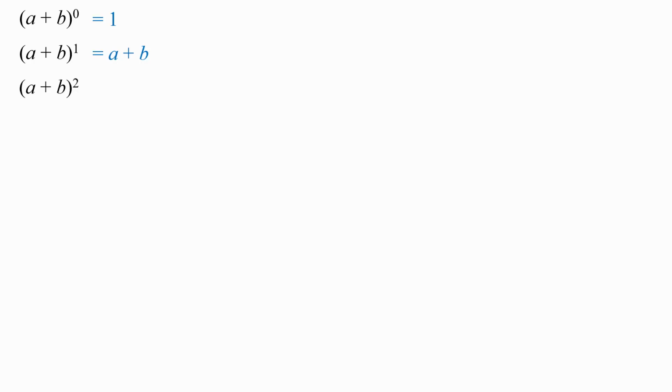If we work out (a + b) to the power of 2 by expanding brackets, and you can check with an earlier video that I did that covered expanding brackets, you will find that the expansion of (a + b) to the power of 2 becomes a squared plus 2ab plus b squared.